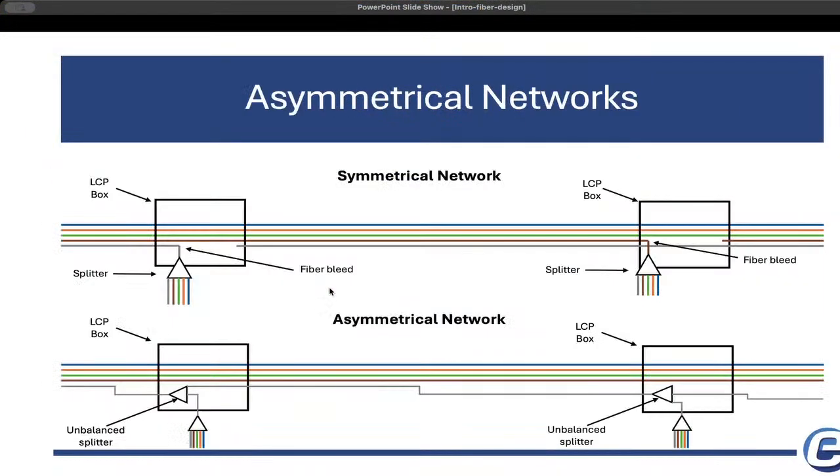So we talked about symmetrical networks. That was a typical network topology. Let's talk about asymmetrical networks. In this little diagram, we're showing how, from your local convergence point, you can split.